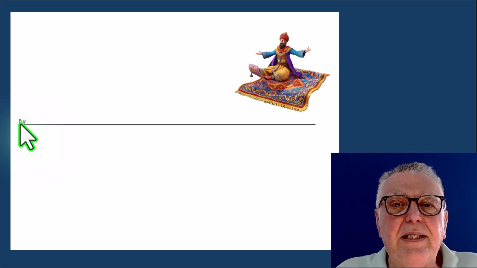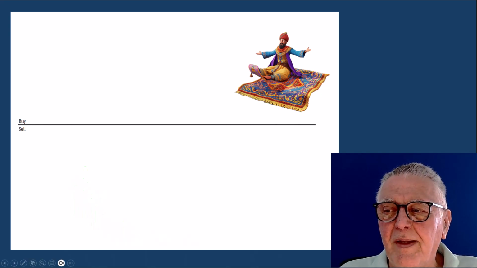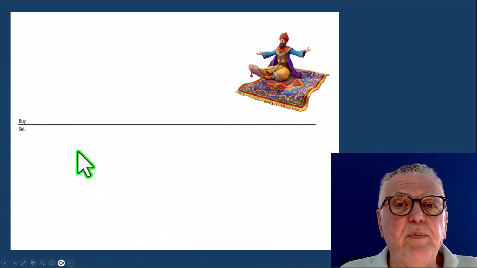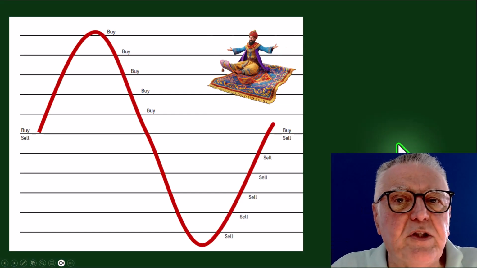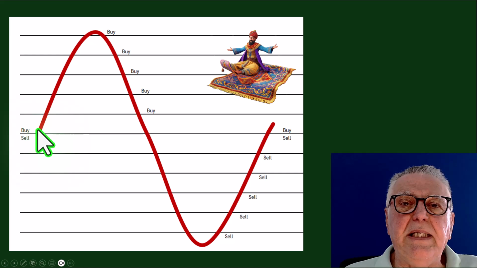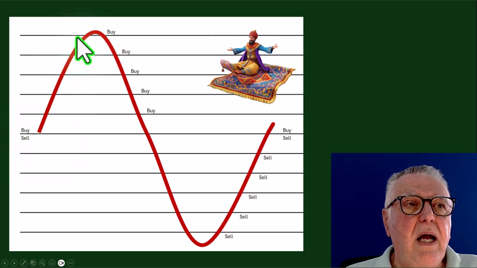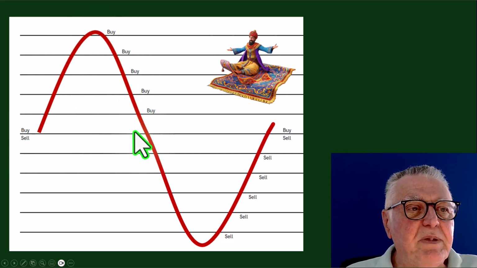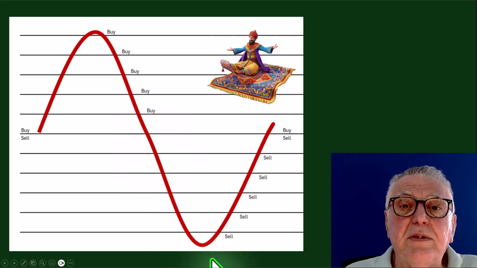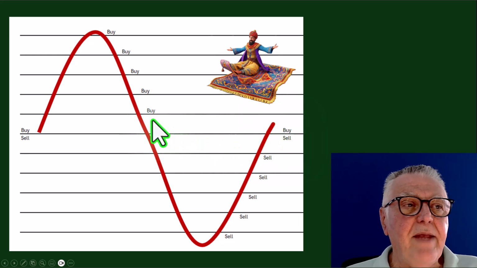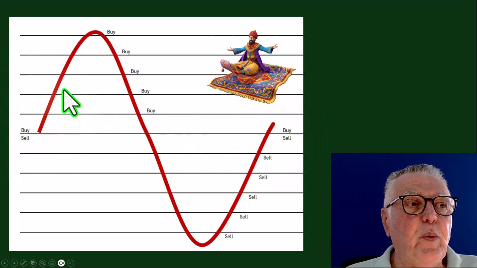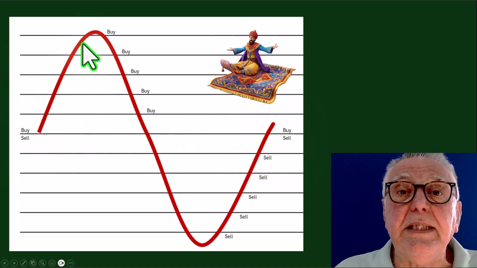So let's have a look at it in a little bit more detail. Now remember, this is our starting point. We start with a buy and a sell. Now in this example, and this is purely an example, let's say the price goes up about 100 pips, and then comes down by 100 pips, and then goes down a further 100 pips, and it goes up 100 pips. And let's say you've selected a 20 pip grid gap.